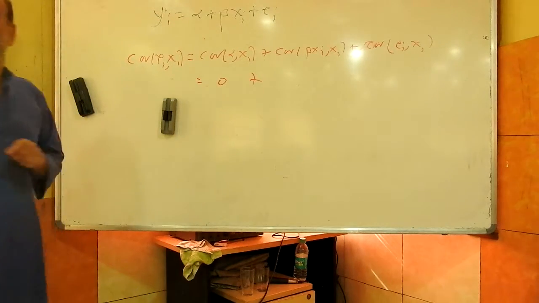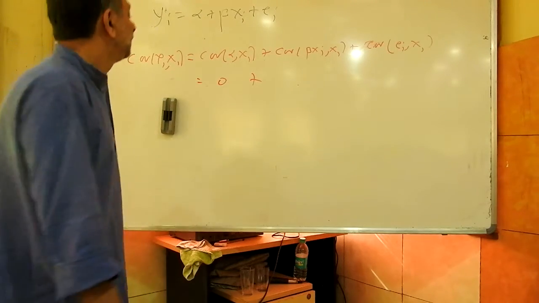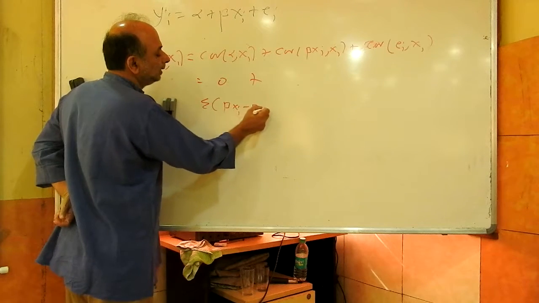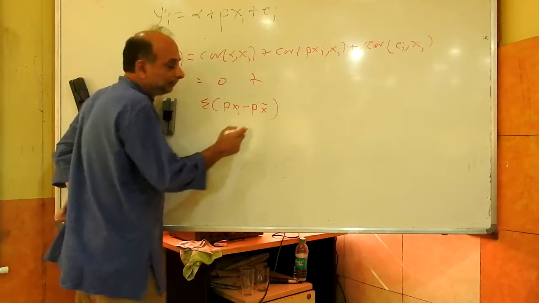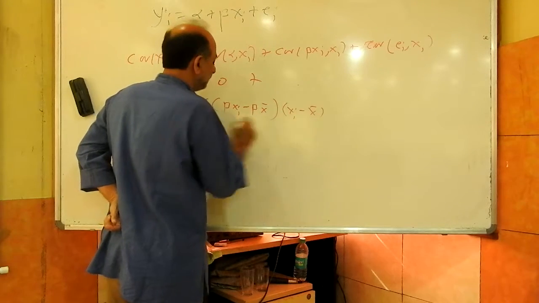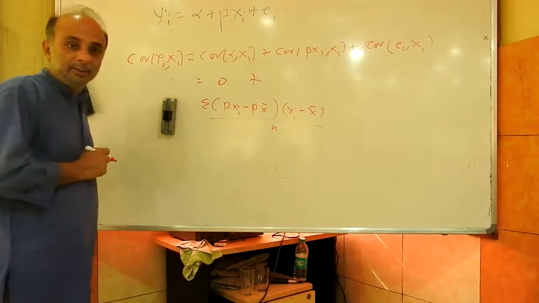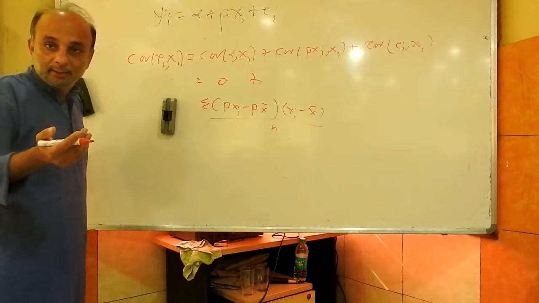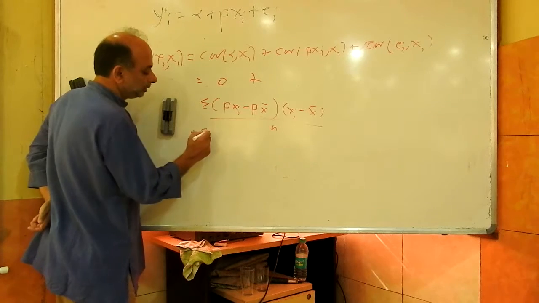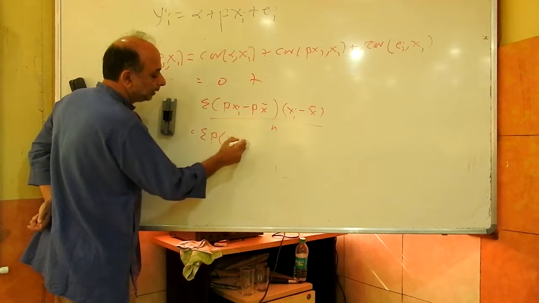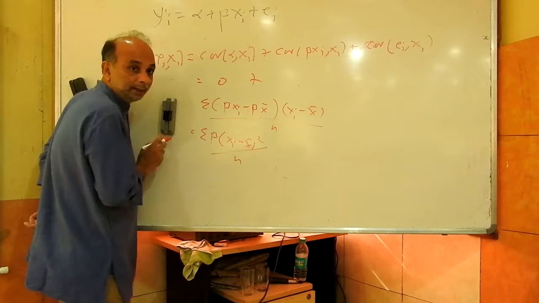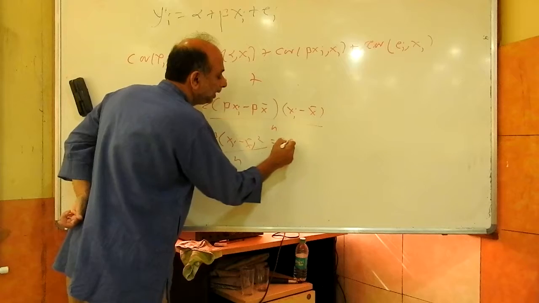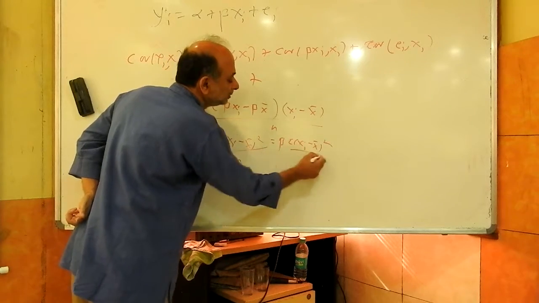Plus, what will be the covariance of beta xi with xi? Write that down in the formula: summation of beta xi minus beta x bar, times xi minus x bar, upon n. That will be the covariance of beta xi with xi. This will be summation of beta times xi minus x bar squared upon n, because beta comes out common, which is equal to beta times summation of xi minus x bar squared upon n.